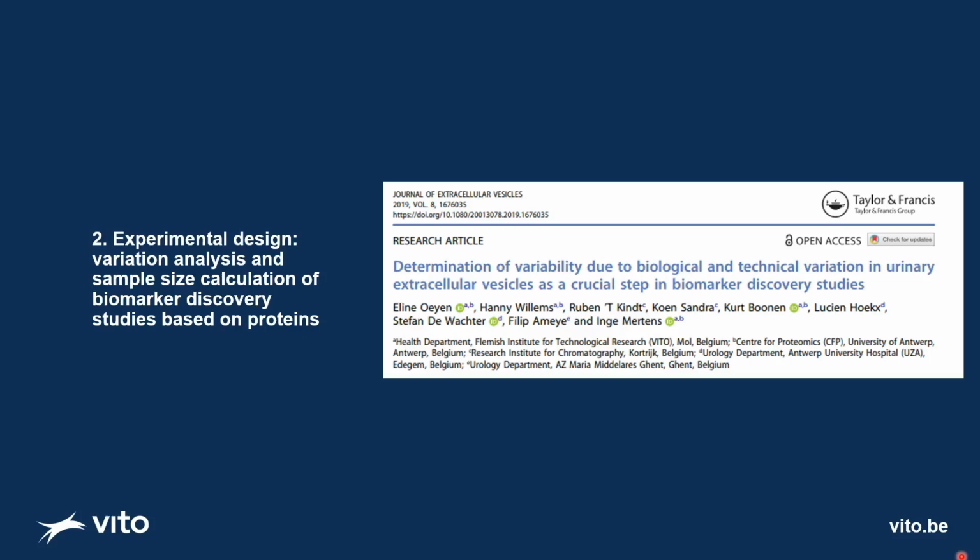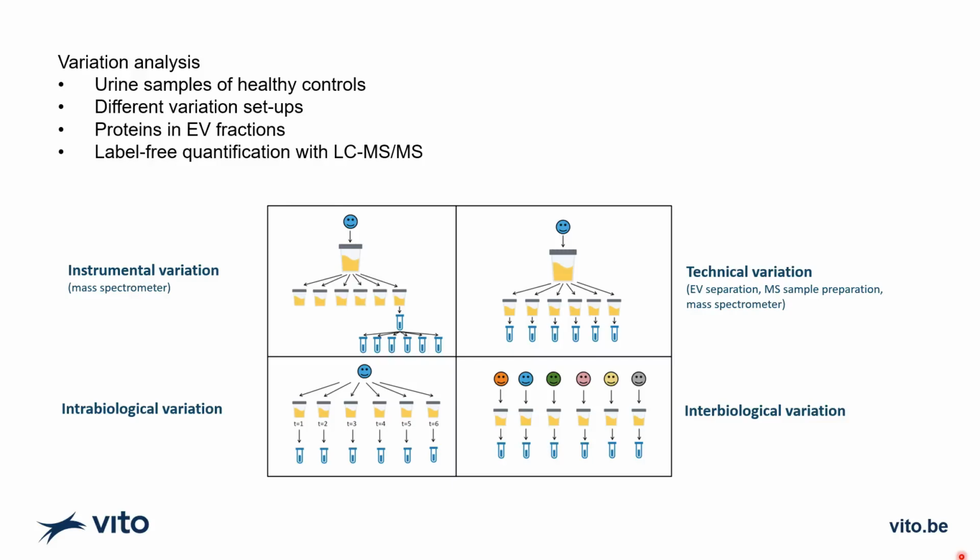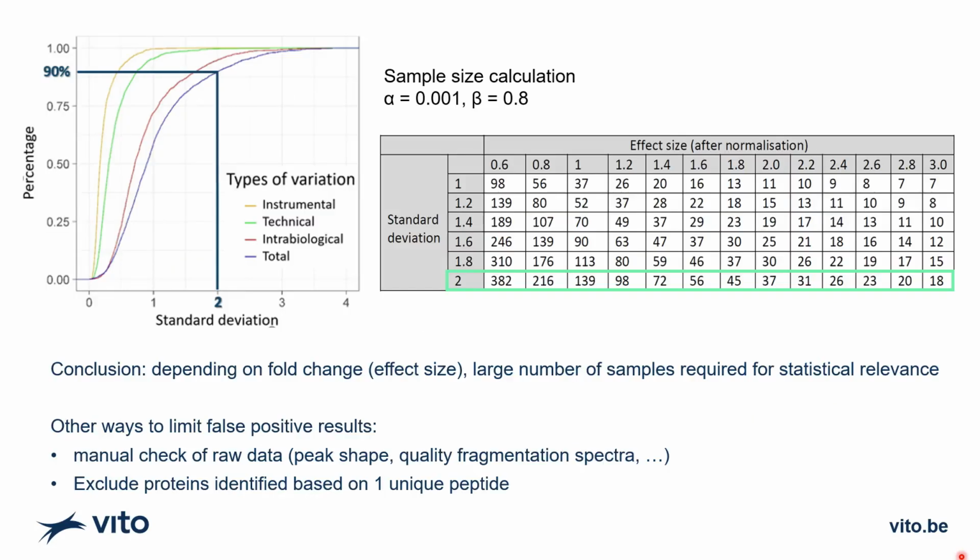Then the experimental design, from a proteomics point of view, has also been published. I think a very important thing in biomarker discovery, especially using proteomics, is your variation analysis. Before starting our big experiment, we measured the instrumental variation, the technical variation, the intrabiological variation, and the total intrabiological variation. The setup of the experiments is displayed here, but the result is more important.